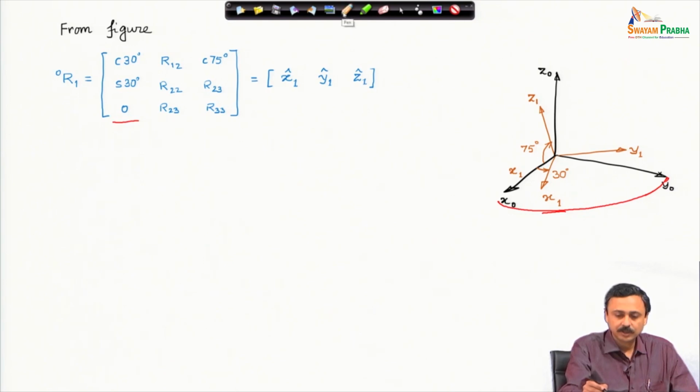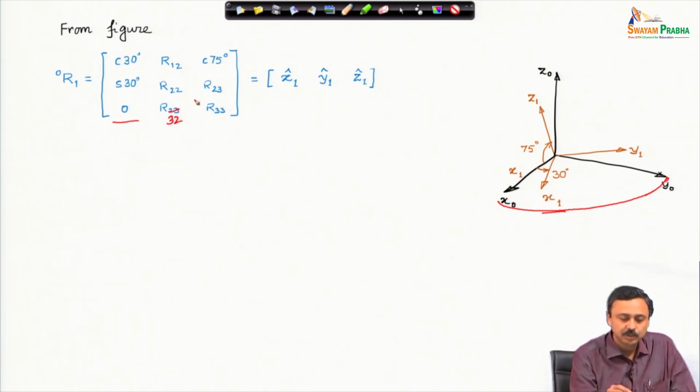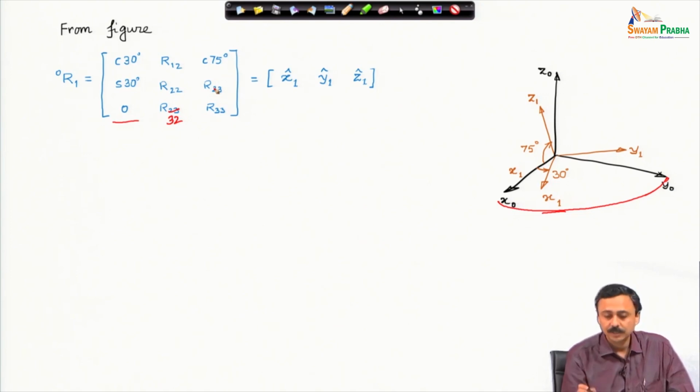This should have been 32. It should never be considered that this is a symmetric matrix, that these two elements will be same, never. In general they cannot be. Okay, I do not know the second column.